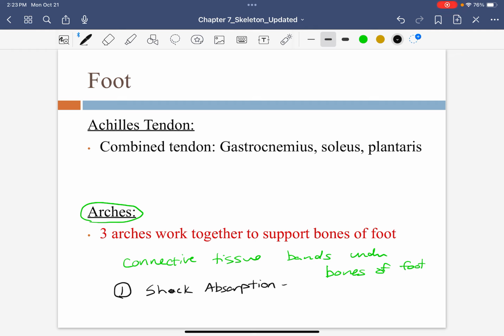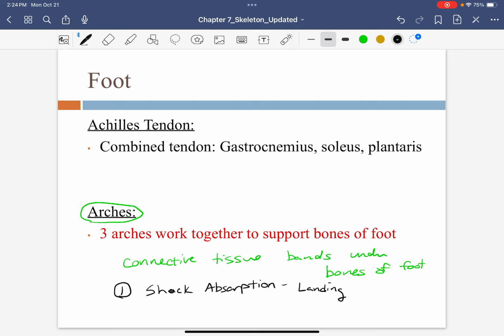Every time you take a step and you land during the landing phase. So we want those arches to be high when you're non-weight bearing, but then when you take a step and all your weight comes down, we want those arches to flatten out as shock absorption.